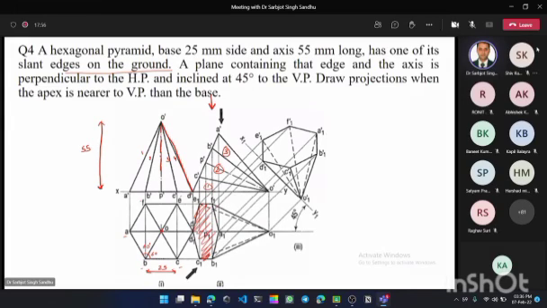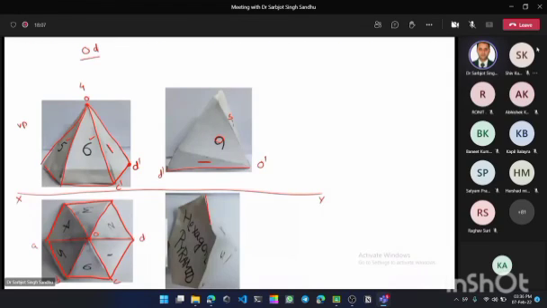Plus from the top, this face is visible as well as this face. So two faces are visible from the top. So here also you can see that two faces from the top are visible, as well as this hexagon. This hexagon is visible.